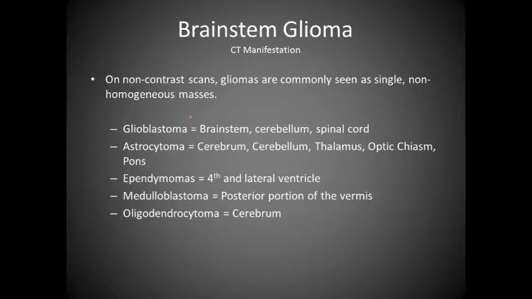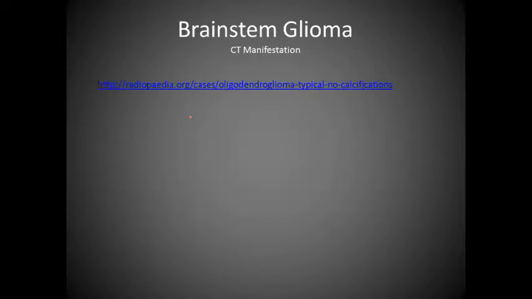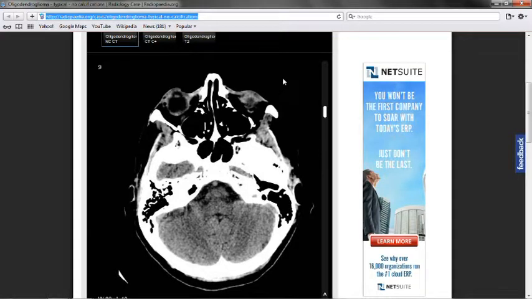Medulloblastomas occur in the posterior portion of the vermis, and the oligodendrocytomas occur in the cerebrum. We're not going to worry about where everything occurs. We're just going to put everything under the banner of a glioma. So if we go to this website, we'll see what one looks like.